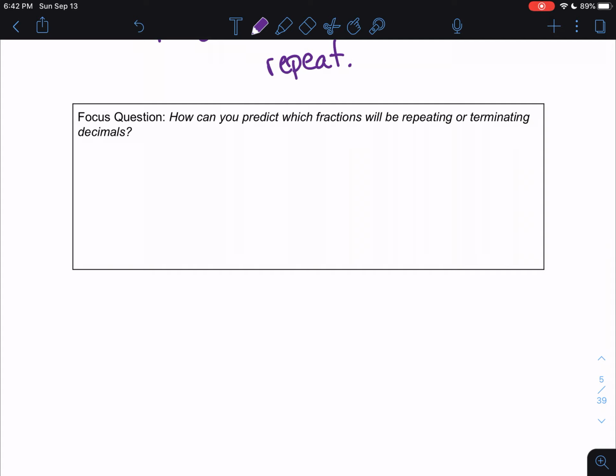So how can you predict which fractions will be repeating or terminating decimals?